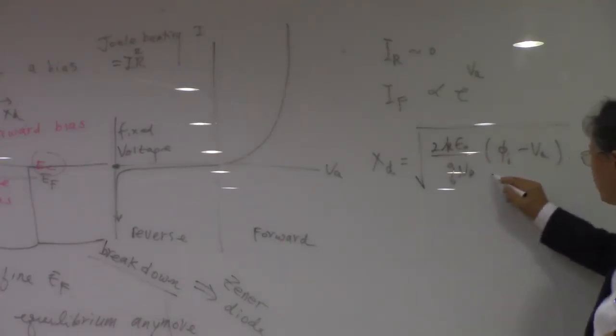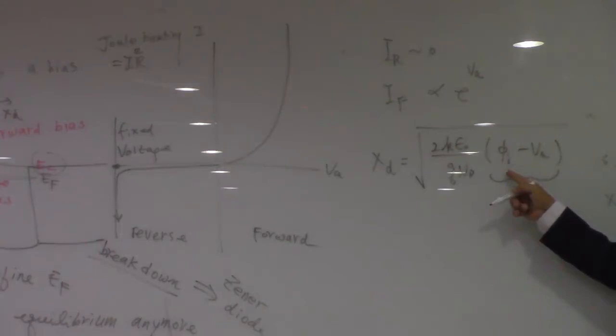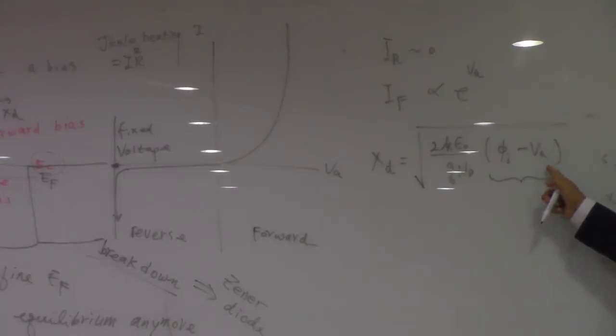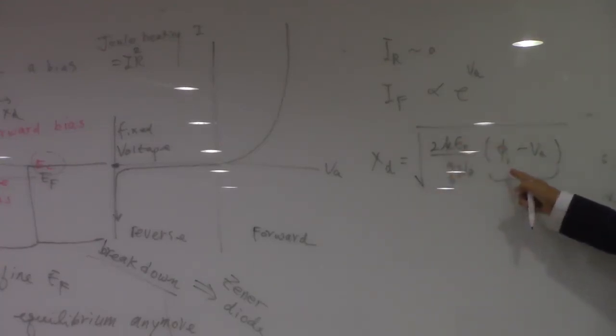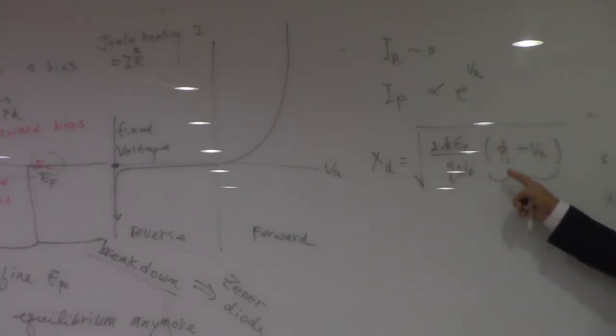All you have to do is just change here. It used to be phi I without the VA. If you do not apply voltages to the junctions, then the XD is going to be defined with just the built-in potential, right? If you apply voltages, then the XD is going to be expressed in this fashion.